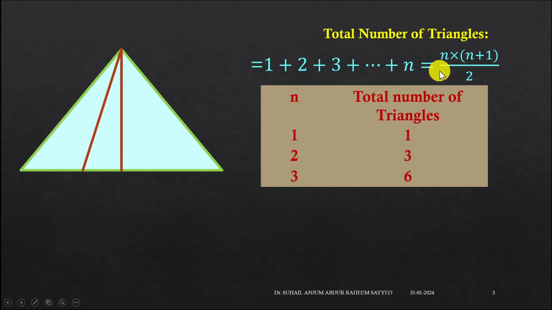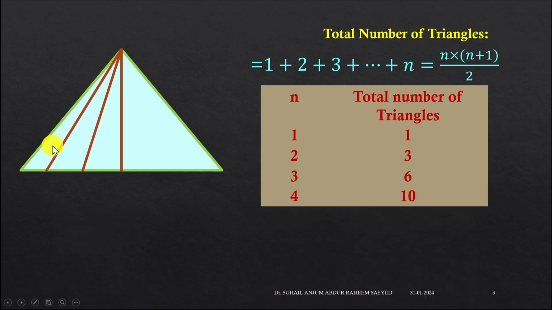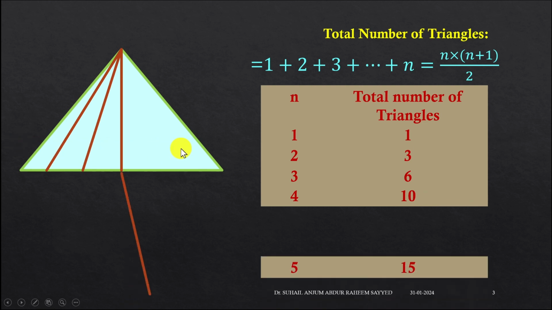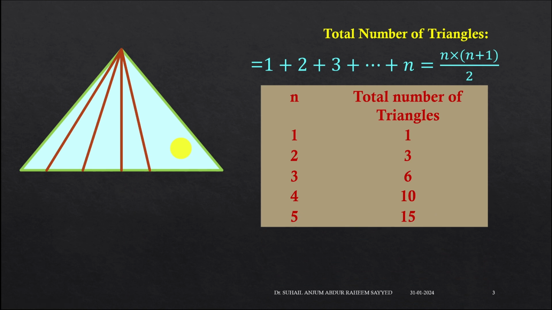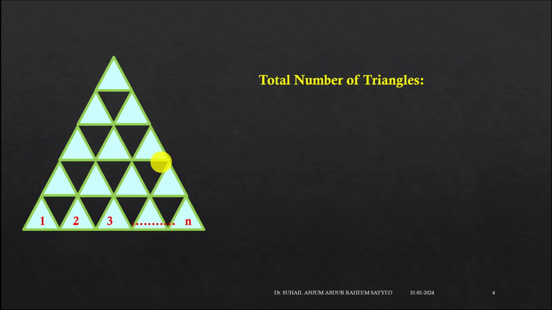For n equal to 3, in the similar way, we will get 6 triangles. On the similar line, if we divide this into 4 triangles like this, the total number of triangles possible will be 10. And for n equal to 5, the total number of triangles will be 15.